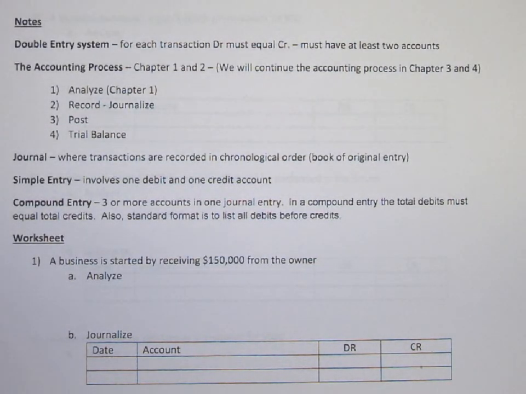When we're looking at this analyze feature, we're going to look at the transaction. So the first transaction is a business is started by receiving $150,000 from the owner. The first question I want you to ask on all of these different questions is, is cash involved?